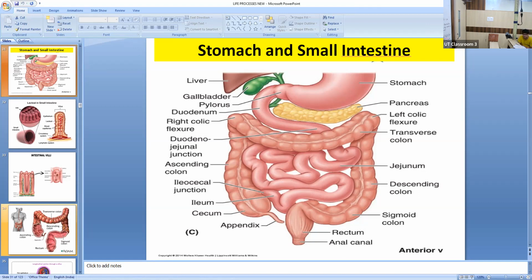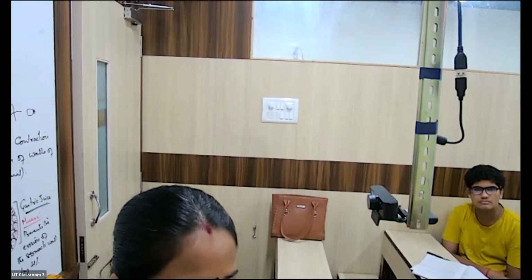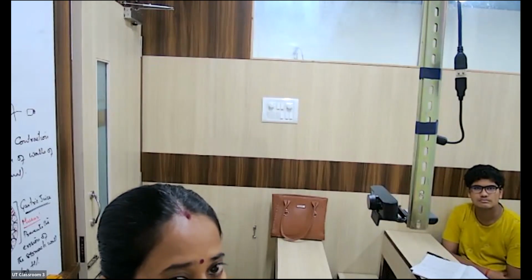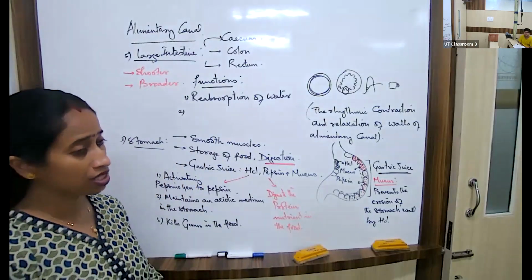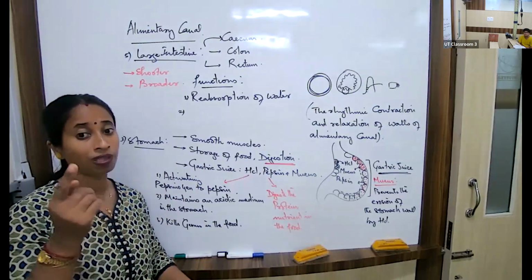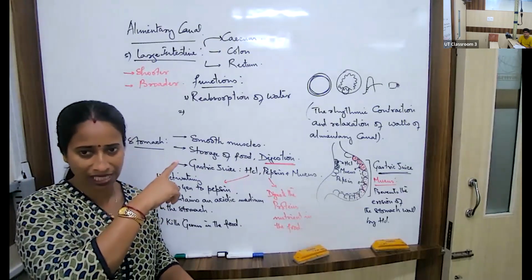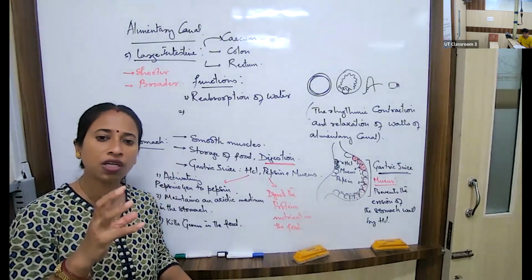The food which is passing down from the small intestine to the large intestine is in the semi-fluid form, almost liquid form. The food running down from the ileum to the large intestine, the cecum and the colon, is almost in the fluid form.